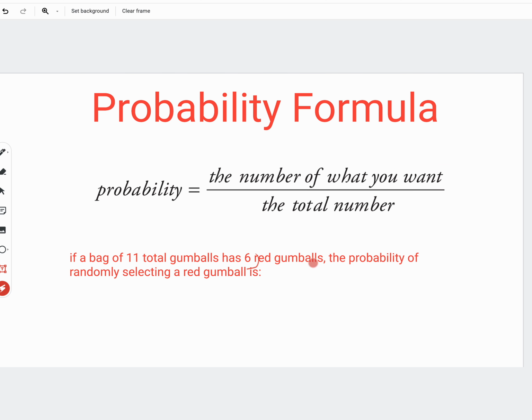That will be 6 divided by the total number, which will be 11. The probability of randomly selecting a red gumball in this case will be 6/11.